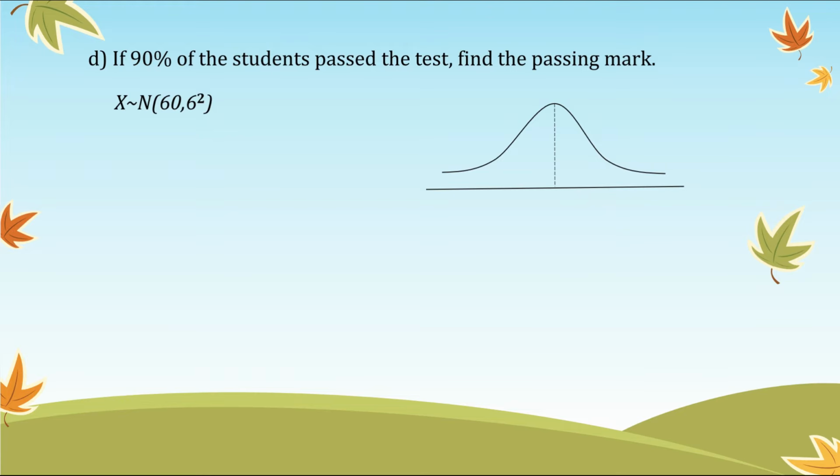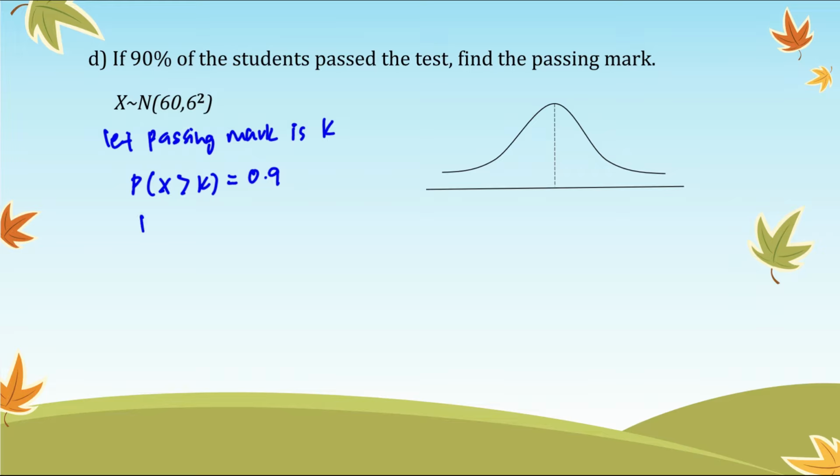For D, if 90% of the students pass the test, find the passing mark. Our normal distribution is mean 60 and standard deviation 6. First, let the passing mark be K. For a student to pass the test, the score must be greater than K. For 90%, that means equal to 0.9.